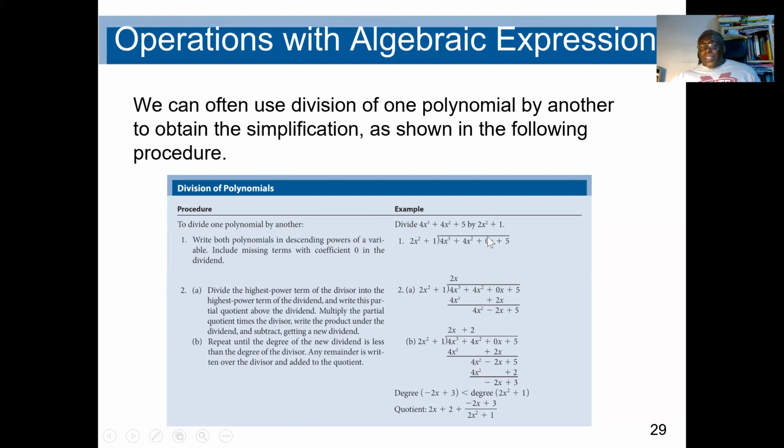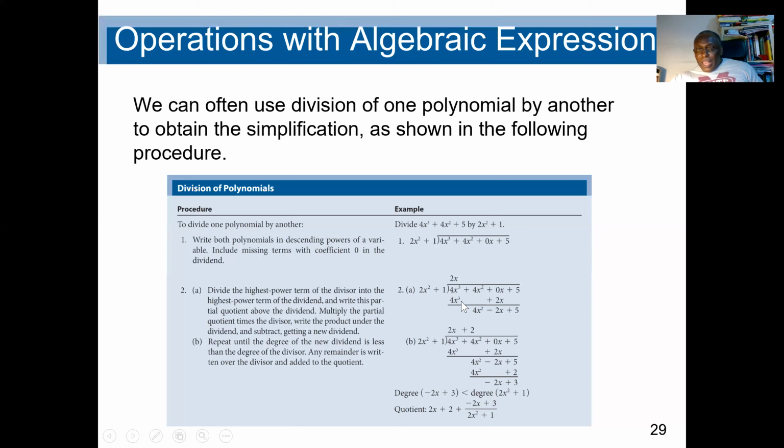But as we can see, in our term here, there is no x. So the first thing we do, divide the first term 4x cubed by 2x squared. And that will give me 2x. Now, when you get the 2x, you multiply by the terms here. So I multiply 2x by 2x squared and by plus 1.